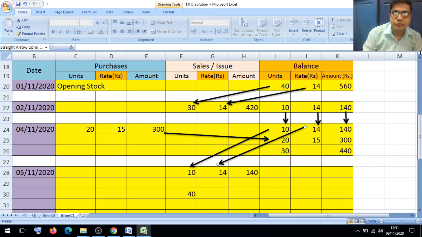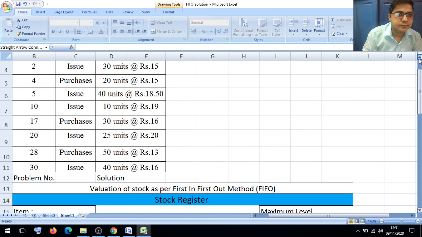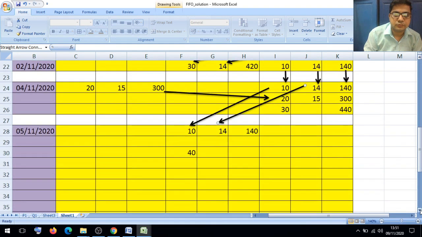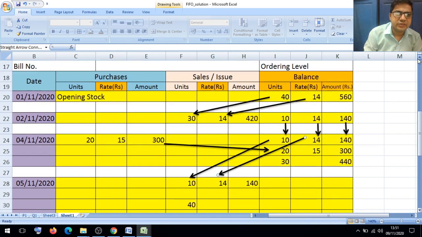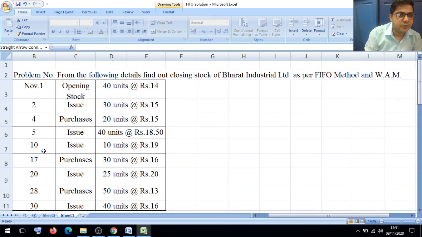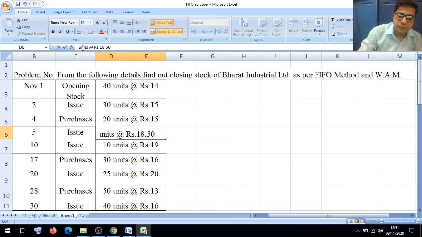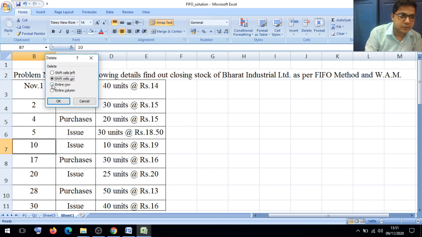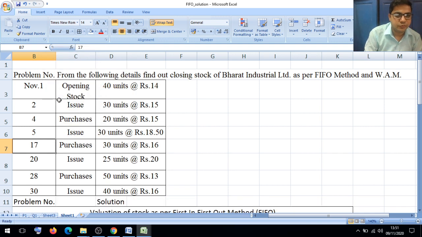Now if you see our problem, we have to change something. Here we have to write something, it may be wrong. We have to write 30 here, and this 10th November transaction we have to remove.